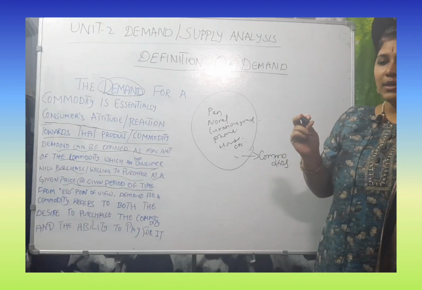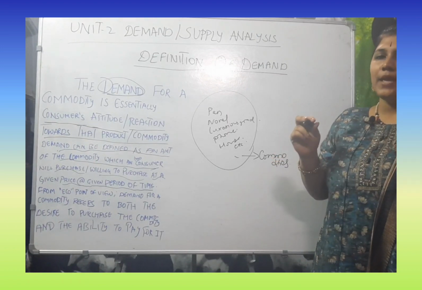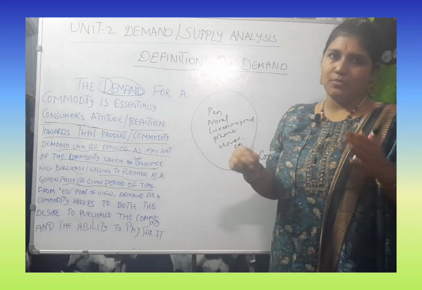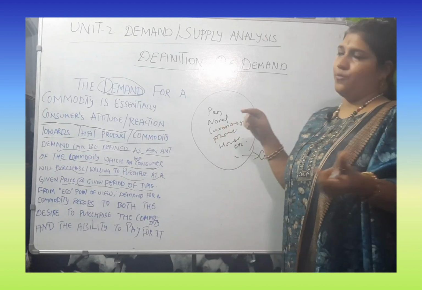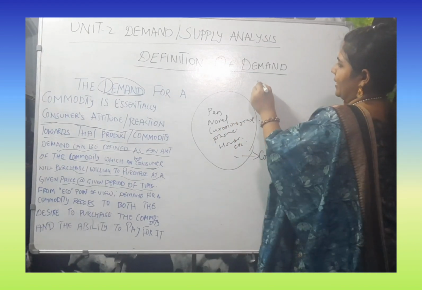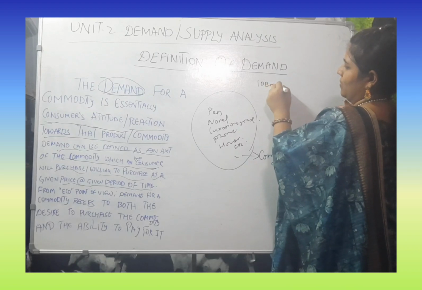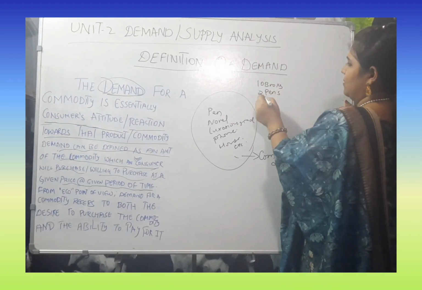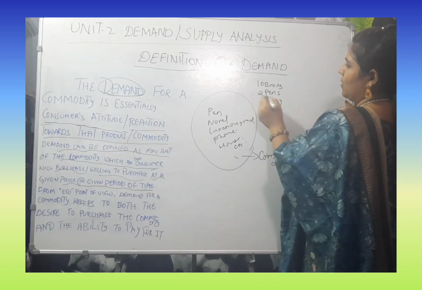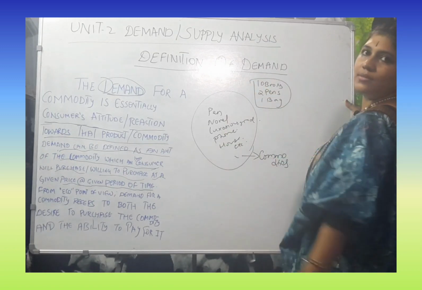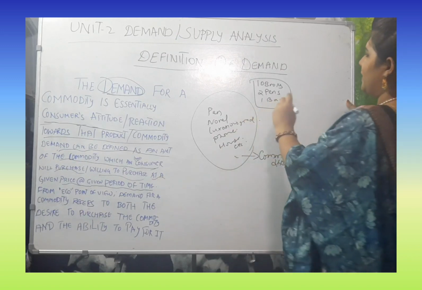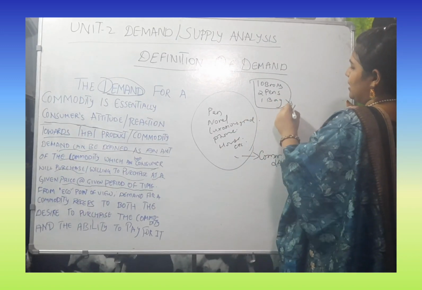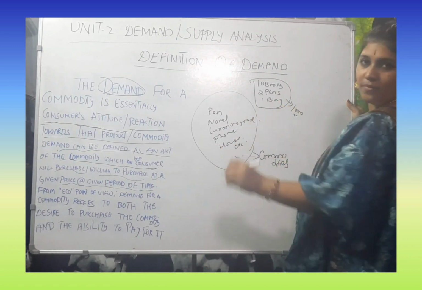Now at this point of time I needed some books because my college is starting from tomorrow. So I need 10 books, 2 pens, 1 bag. For buying these, I had to spend around 1000 rupees.